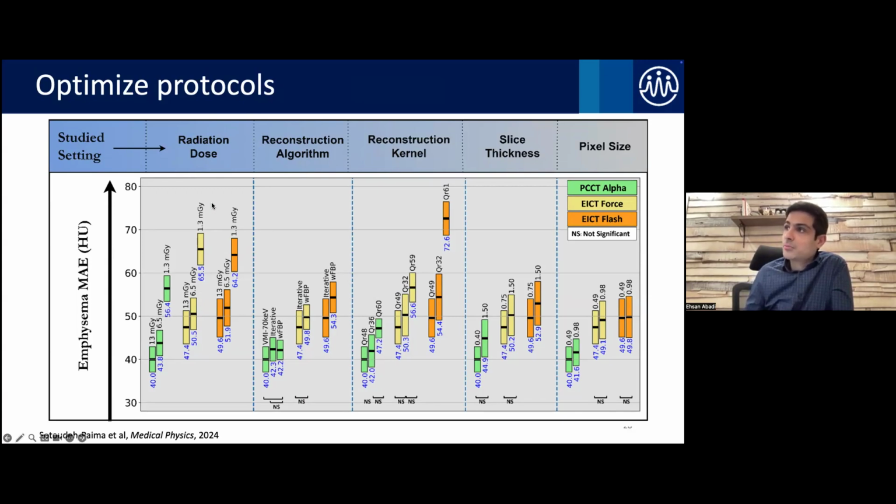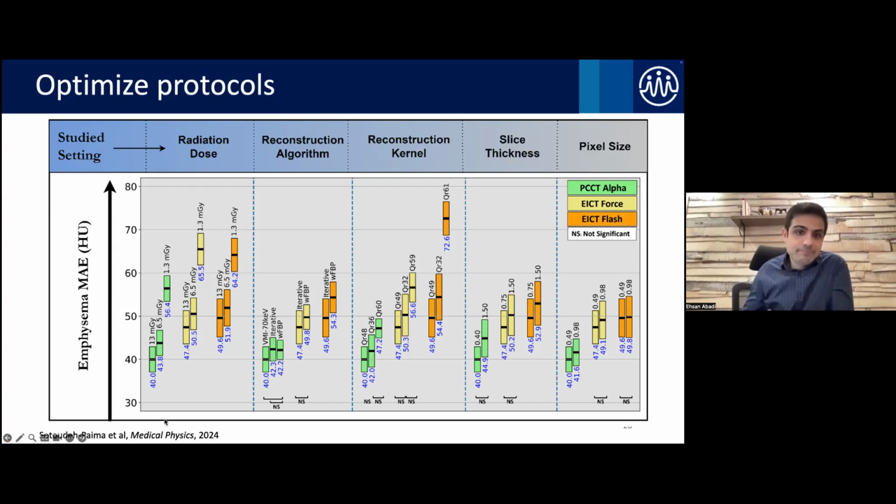If I just want to pick one, let's look at the radiation dose. You see on the green scanner, the photon counting scanner, as you decrease the dose level, your error goes up. So you go from like 40 HU error up to 56 HU. So this essentially gives you a map of what would be the better kernel to use, what would be the better reconstruction technique to use, and how they are inconsistent with one another from one scanner to another.